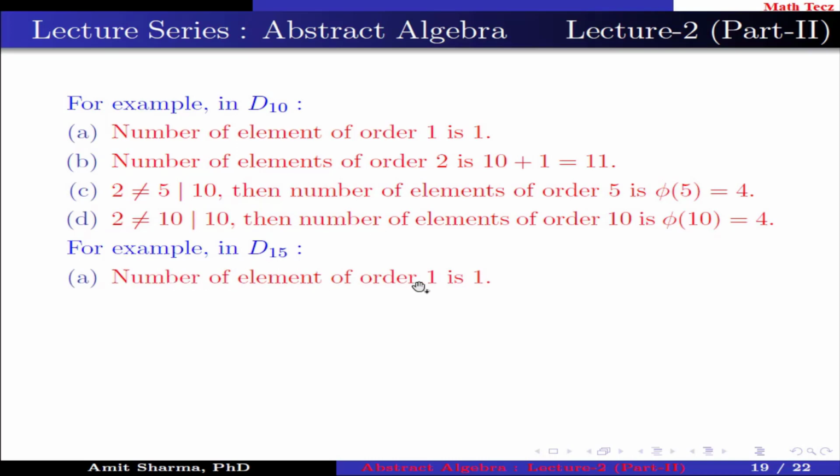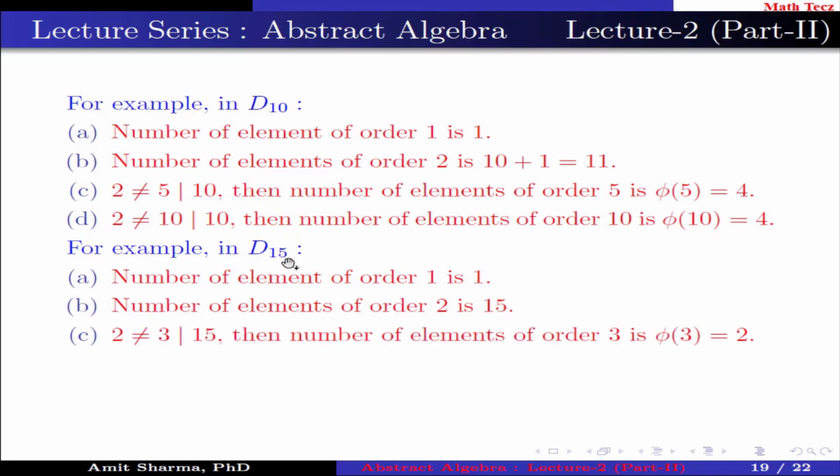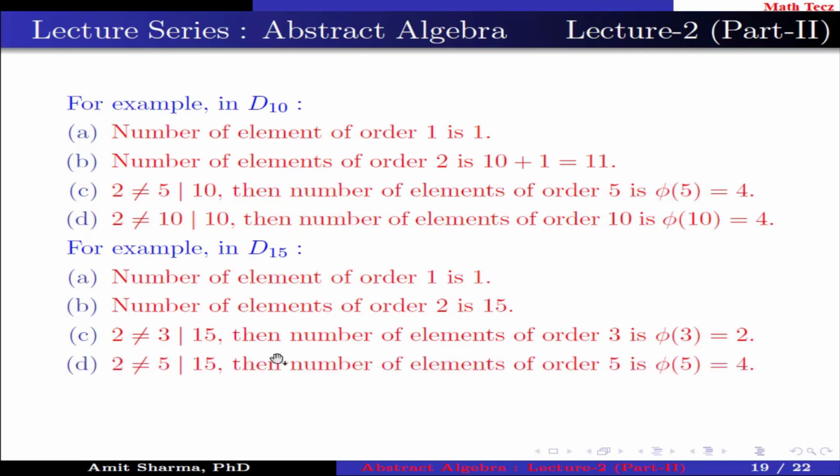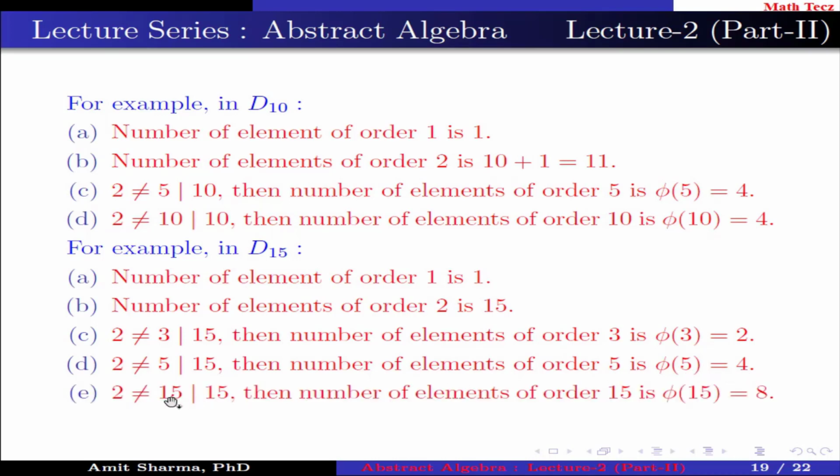Next example, in D15, number of elements of order 1 is 1. Number of elements of order 2 is 15 because n is an odd number. 3 which is not equal to 2 divides 15, then number of elements of order 3 is phi of 3 which is equal to 2. 5 which is not equal to 2 divides 15, then number of elements of order 5 is phi of 5 which is equal to 4. 15 which is not equal to 2 divides 15, then number of elements of order 15 is phi of 15 which is equal to 8.